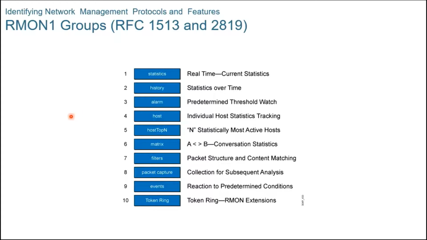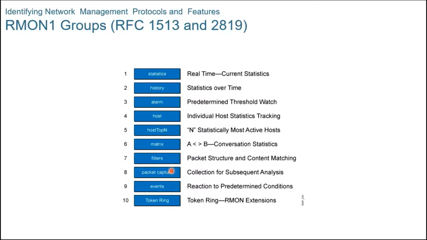Now, the RMON groups. So RMON agents gather 9 groups of statistics, 10 including the token ring, which are forwarded to the manager on request, usually via SNMP. So this includes statistics, history, alarm, host, top N, matrix, filters.